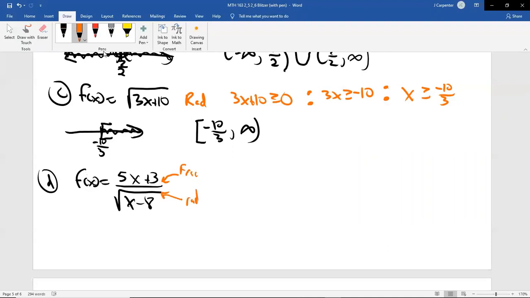The radical part says the inside traditionally has to be bigger than or equal to 0, but the fraction part, the rational part, says the bottom can't be 0. Those are the two things going on. Now, here's the problem. The radical is in the bottom.